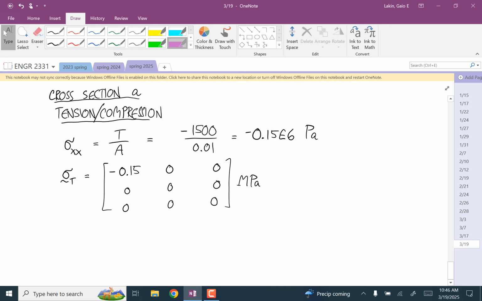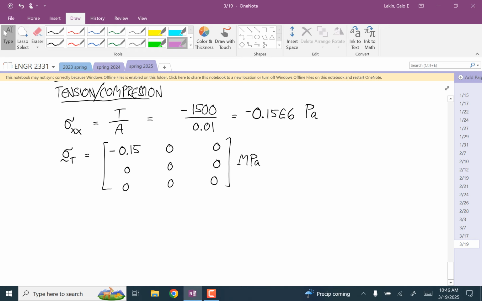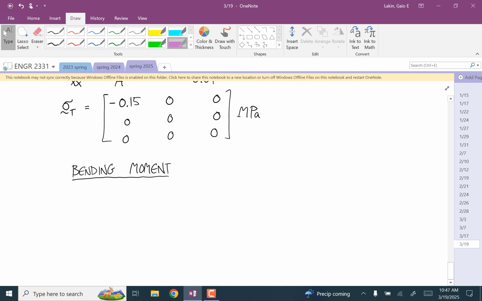So that's what we did before. And now we're getting to the bending moment. So we're talking about that square cross section now. The area moment of inertia about the neutral axis is 1/12 times the base times the height cubed.